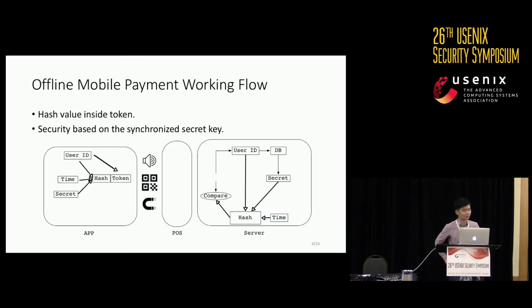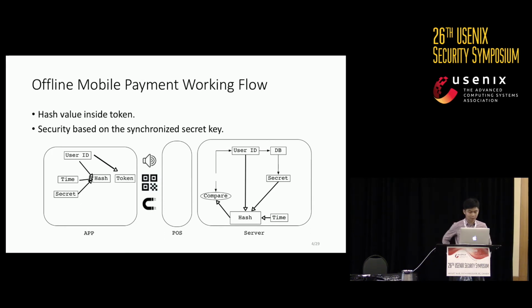And let's have a look at what happens behind the offline mobile payment system. Once the user taps the pay button on the mobile payment app, the application will immediately generate a token for the user by hashing the user ID, the current time, and the pre-shared secret.